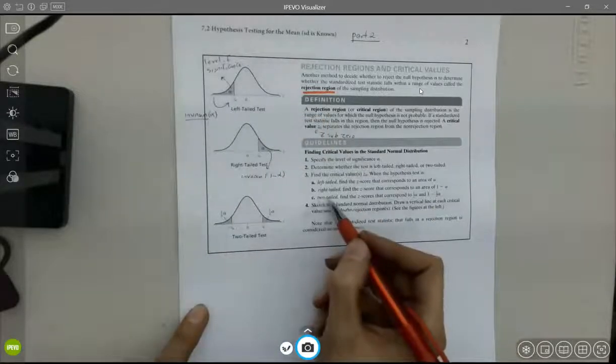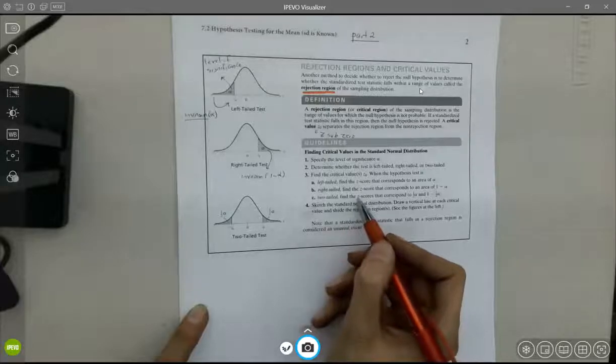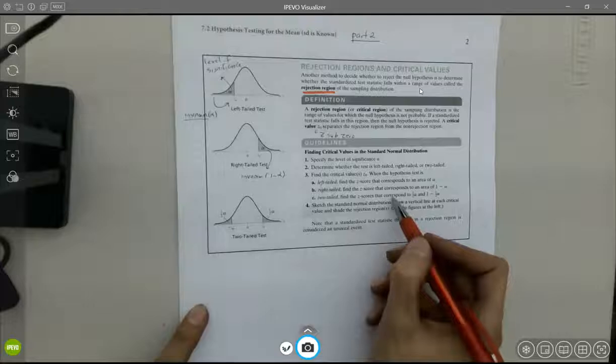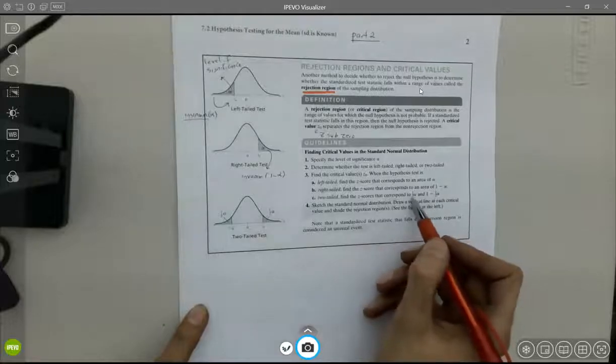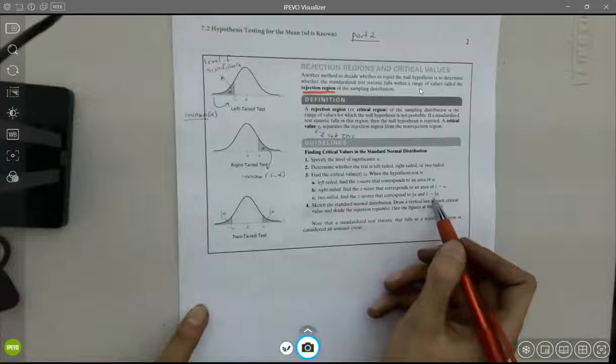And if you have a two-tailed test, you can find the z-scores or critical values by using alpha divided by 2 or 1 minus alpha divided by 2.